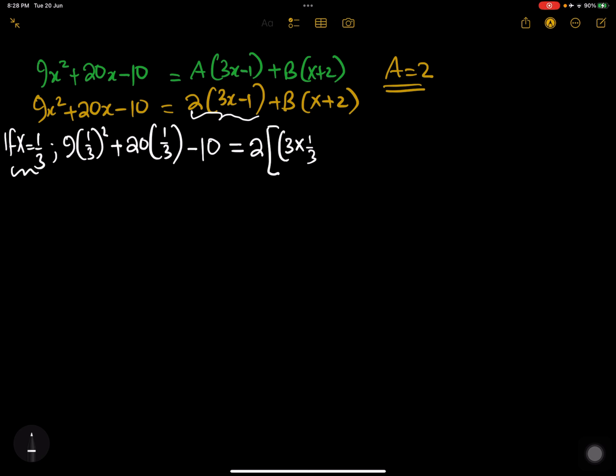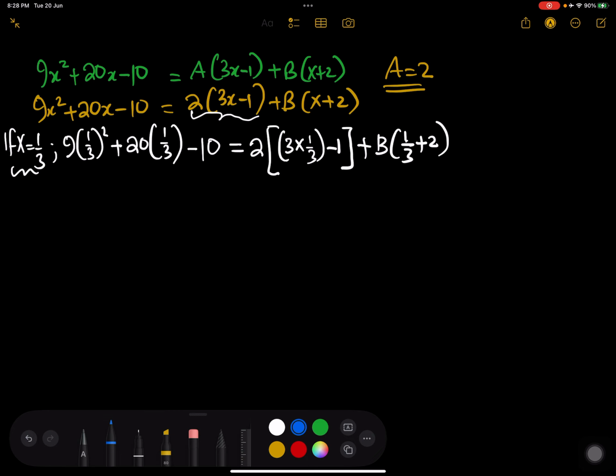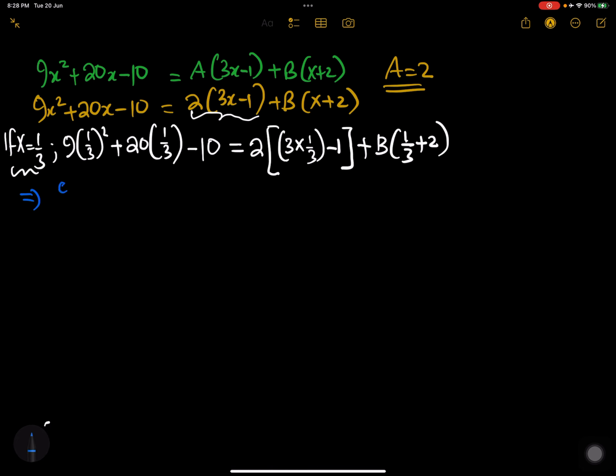So eventually, we're going to get 9 into 1/3 all squared, which is the same as 1/3 times 1/3. That's going to be 1 times 1 in the numerator, which is 1, divided by 3 times 3, which is 9 in the denominator.